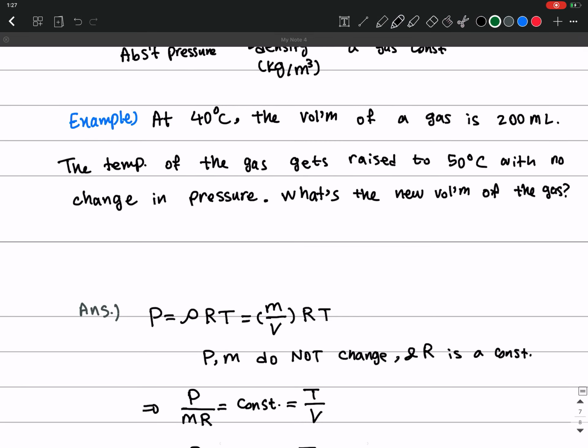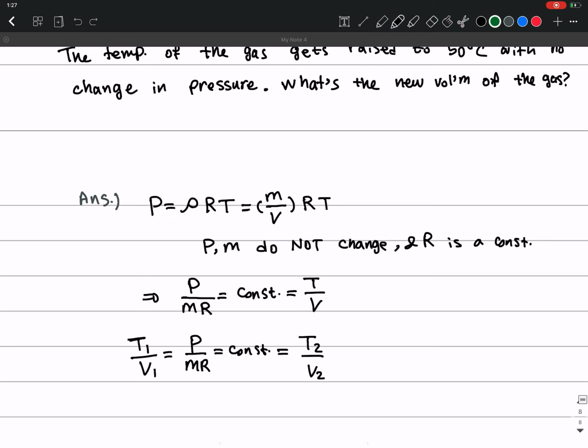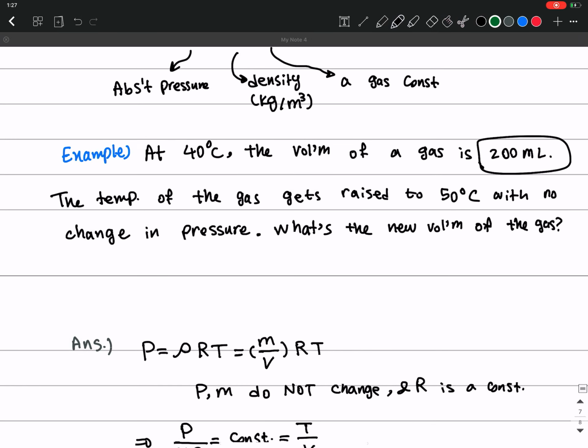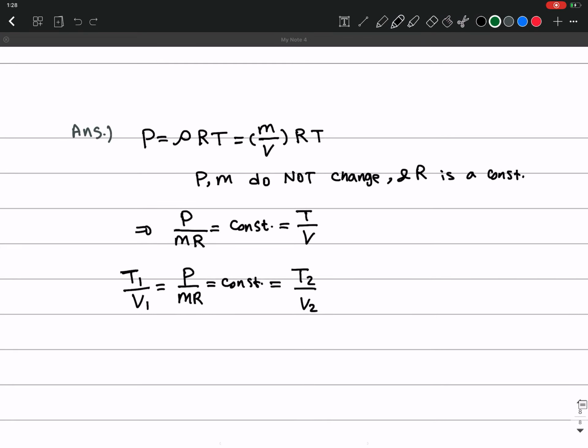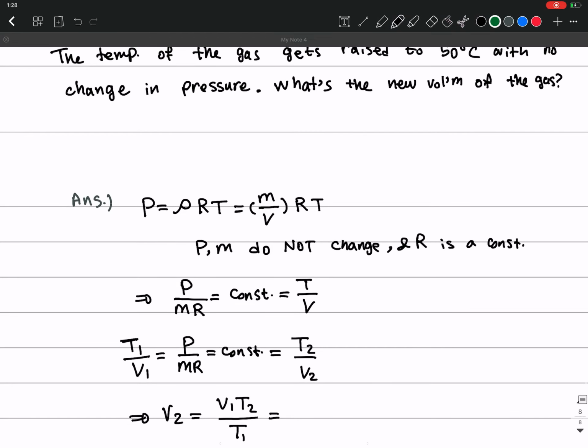The question wants the new volume of the gas, which is V2. We already know V1, T1, and T2, and we want to know V2. So based on this formula, V2 is going to be V1 times T2 over T1. I'm just going to substitute all the known things here.